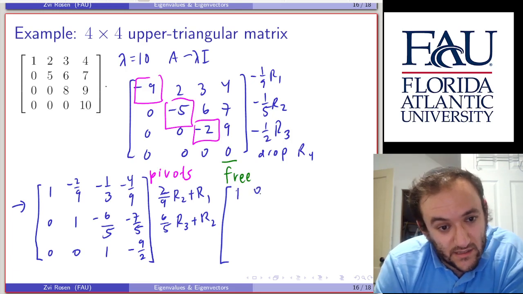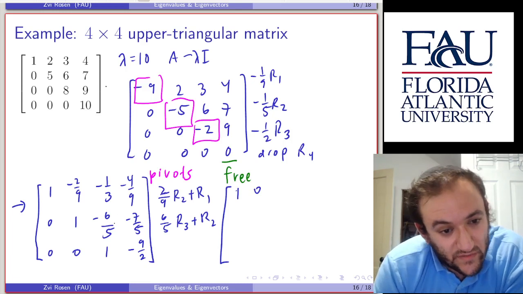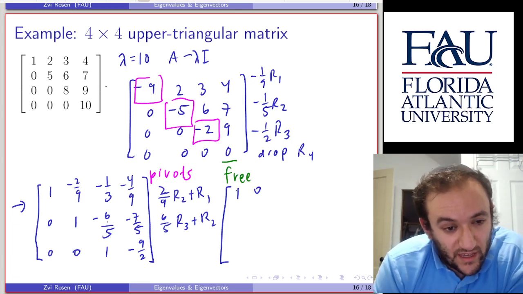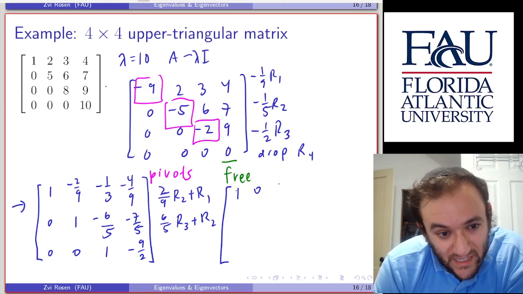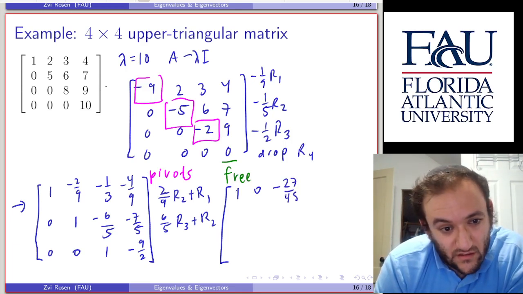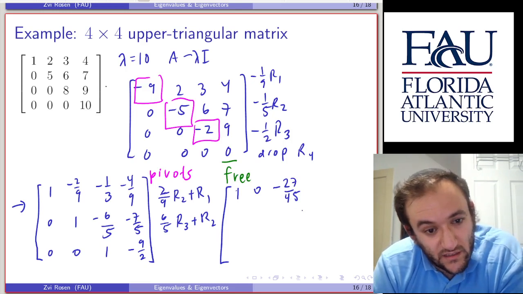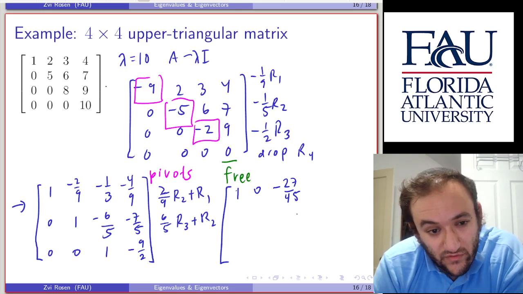1, 0. So 2 ninths times minus 6/5 is minus 12 over 45, and 1/3 is 15 over 45, so it's minus 27 over 45, which we can simplify to give us minus 3 over 5, I believe.